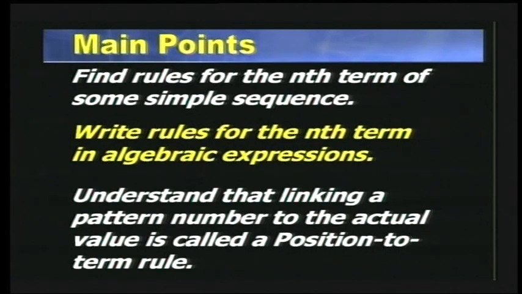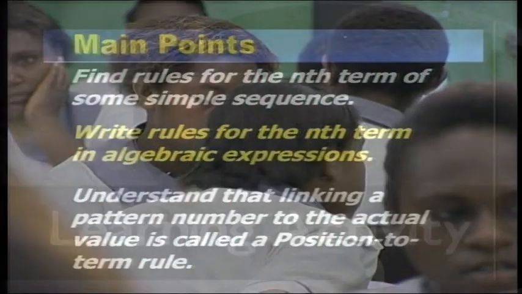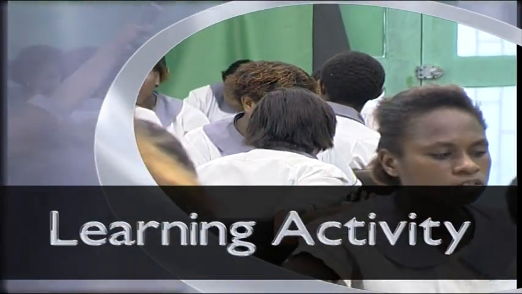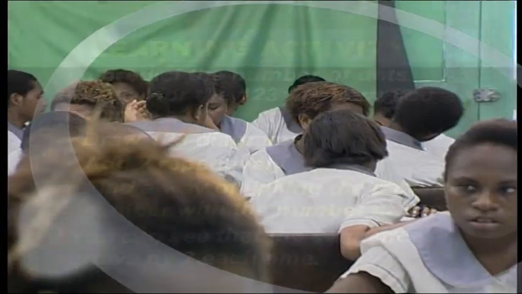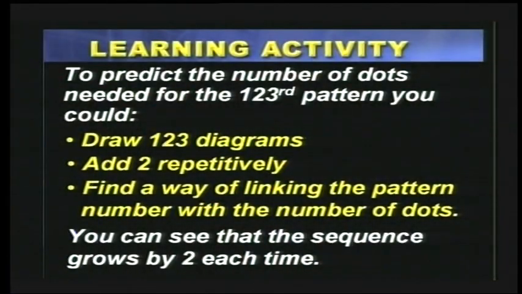As we go through the learning activities, you will fully understand what we mean by these points. Okay, let's have a look at this learning activity. This learning activity will help us understand those three main points.